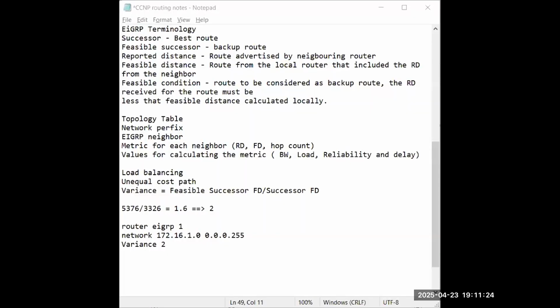Let me share the screen. Okay, now let's go to another topic, route summarization.